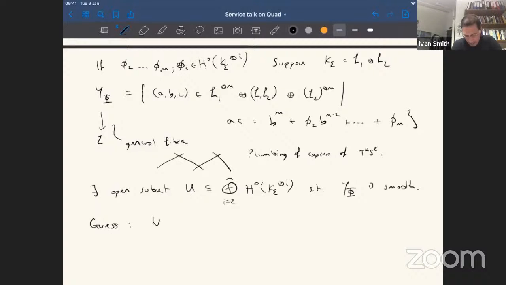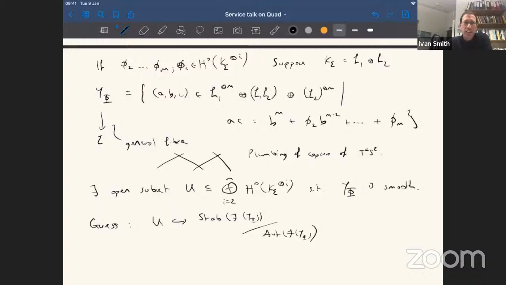And we might guess that U embeds analogously into stability conditions modulo autoequivalences for these more interesting quasi-projective Calabi-Yau threefolds.